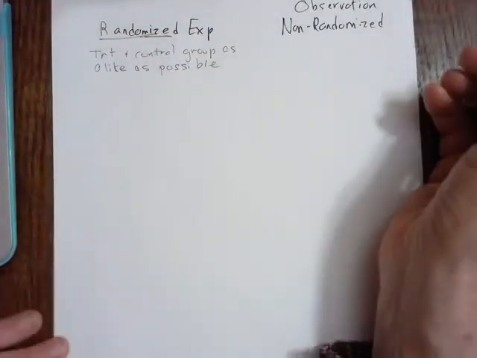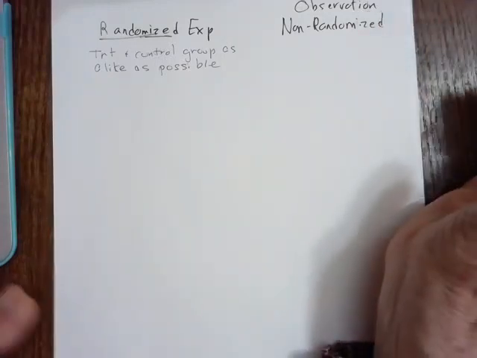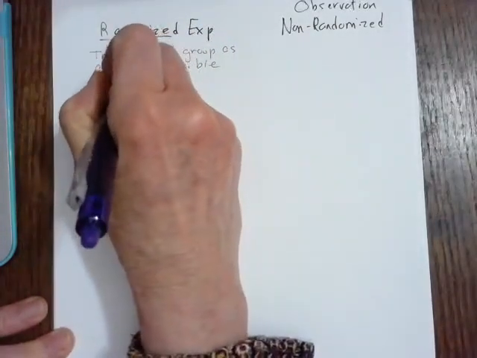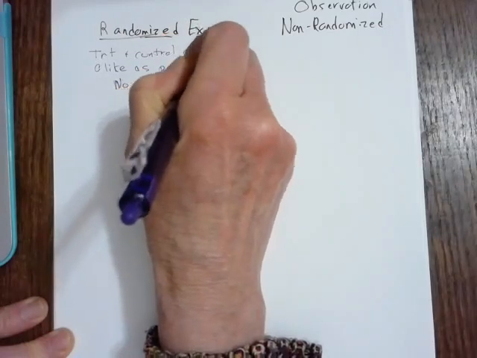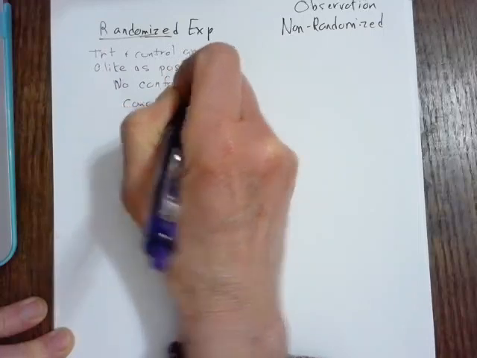So at the end, when you look at the results, you can say, since they're alike in every way except for the treatment, you can conclude causation. That means there's no systematic differences, which is no confounders.